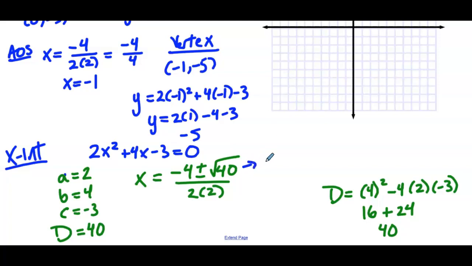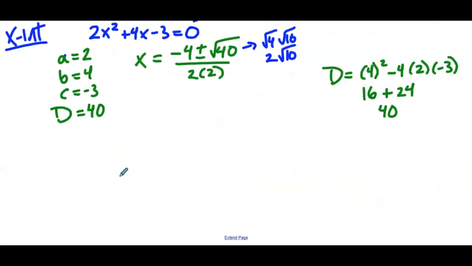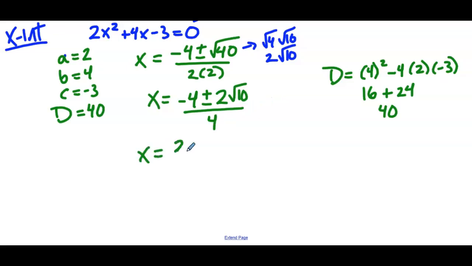Square root of 40, we can simplify to be the square root of 4 times the square root of 10, which is 2 times the square root of 10. So we have x equals negative 4 plus or minus 2 square root of 10 all over 4. We can factor out a 2 in the numerator.